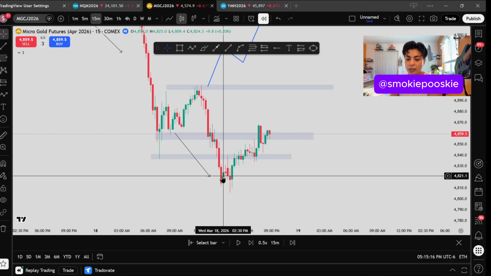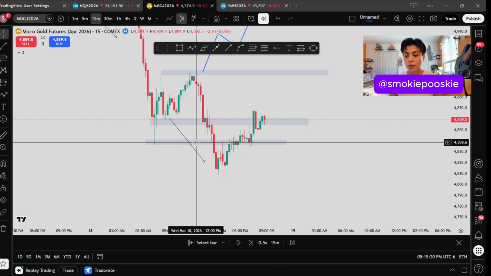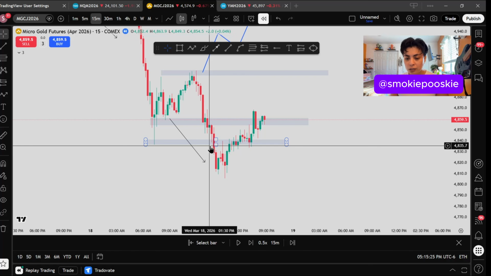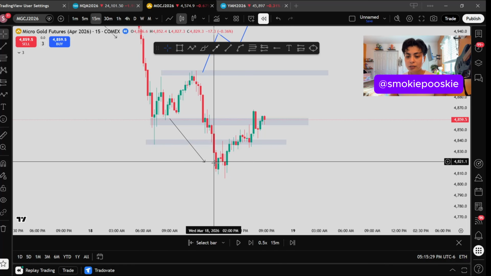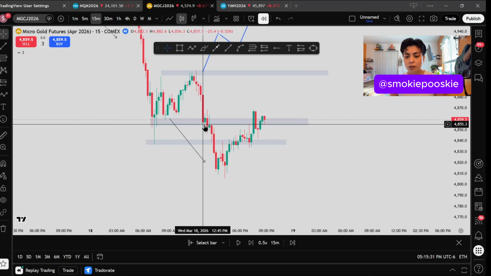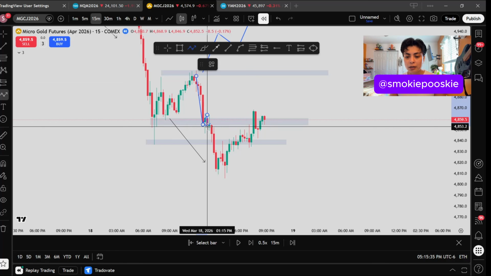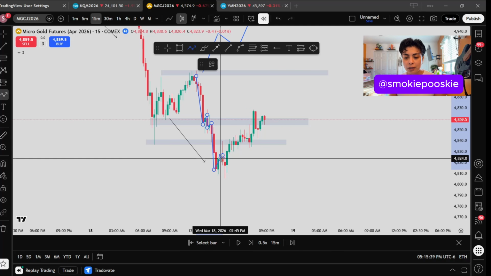So we wait for this indication to be over. When do we know the indication is going to be over? Well, if it's a bearish indication, it's going to stop making bearish structure. It's going to stop making lower lows and lower highs, right? So low, high, lower low, lower high, lower low, lower high.